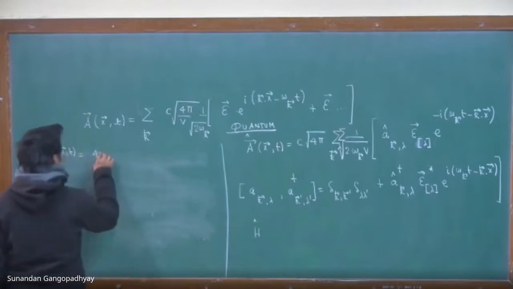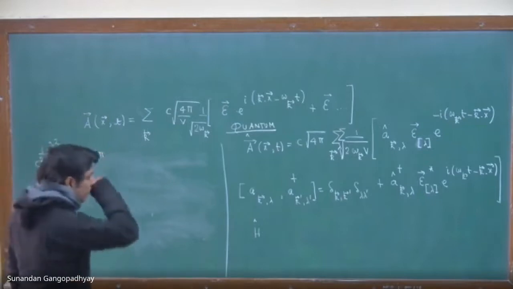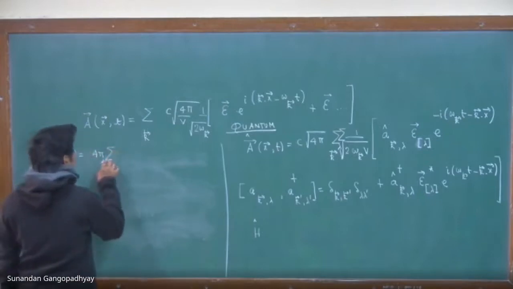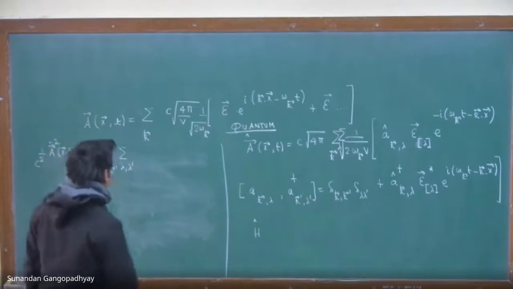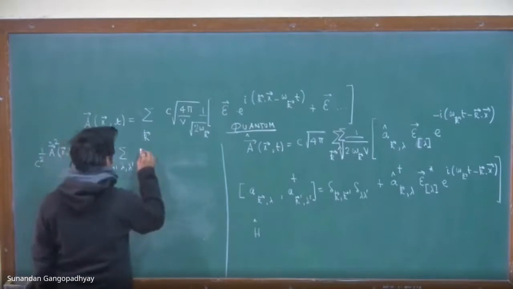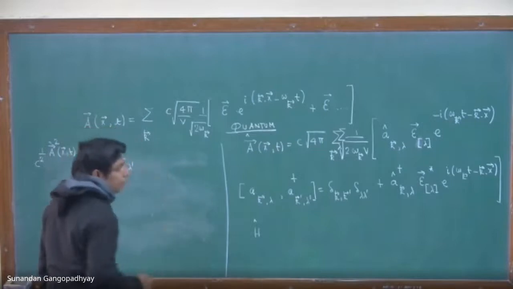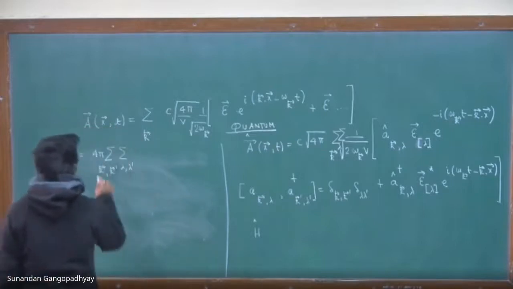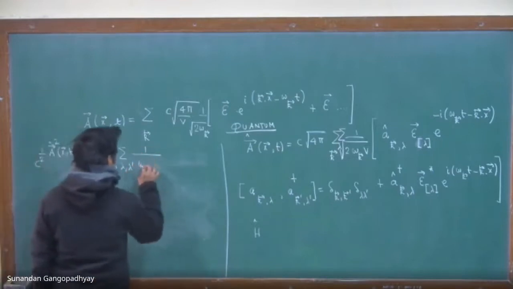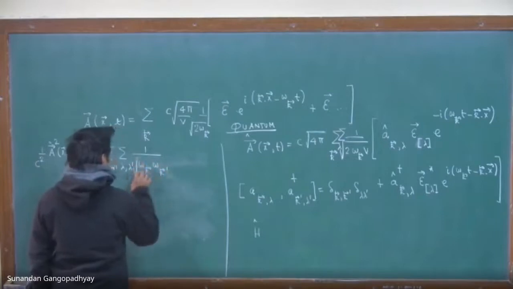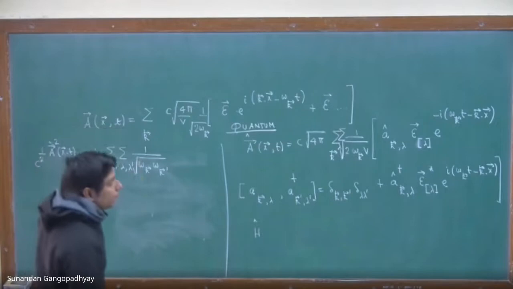We will have a factor of 4 pi in front, and then we shall have summation over k vector, k prime, summation over lambda, lambda prime. Then we shall have this divided by 2 omega k, 2 omega k prime, square root.